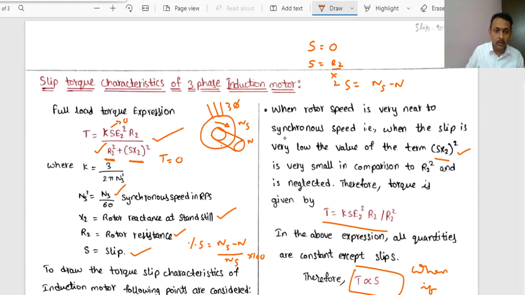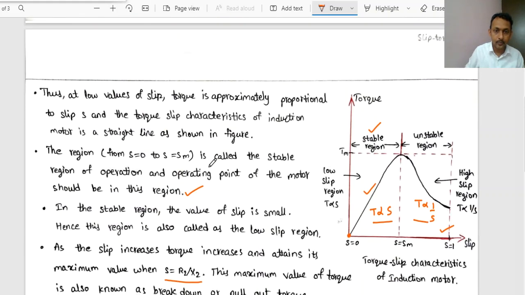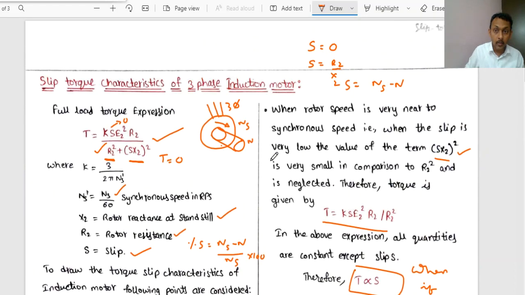At that point, the torque will be maximum, called pull-out torque. Another case is where the slip value is greater than sm and less than 1. With an increase in the load, there are chances for the slip to become 1, and then the torque decreases. So that is the unstable region for the three-phase induction motor. These are the key points.